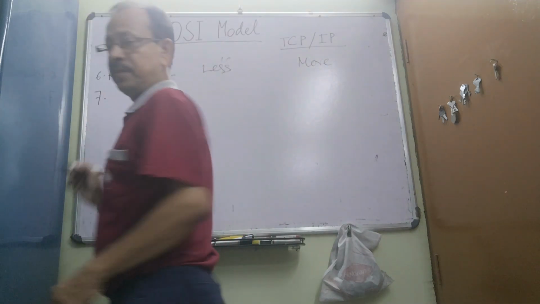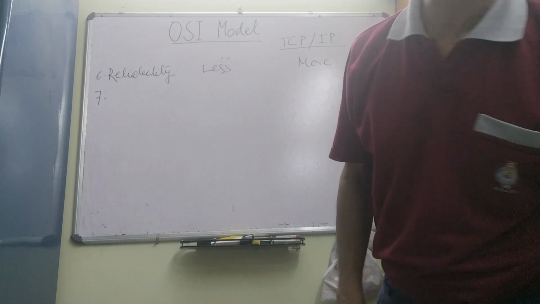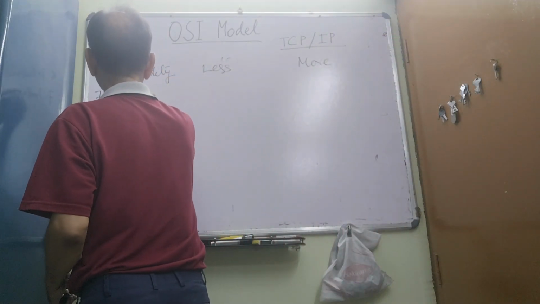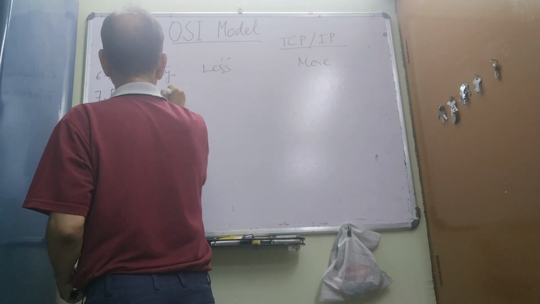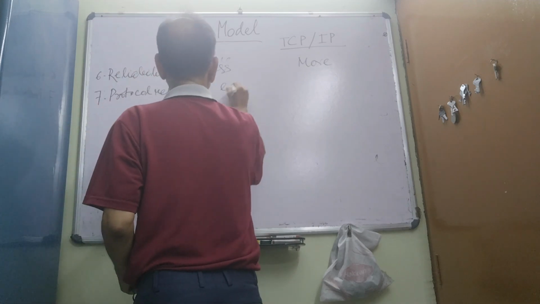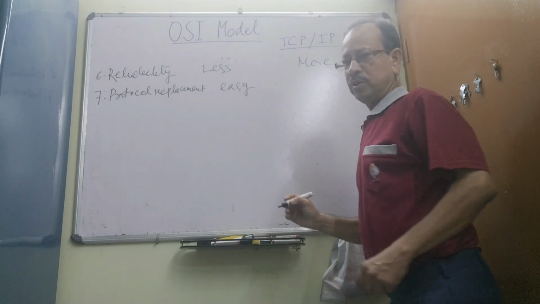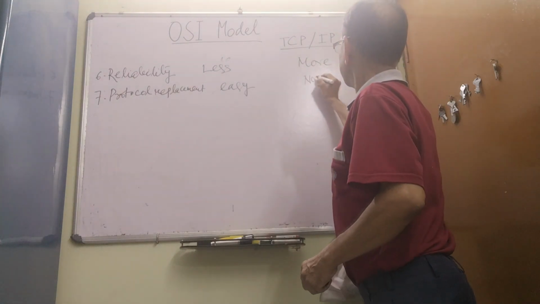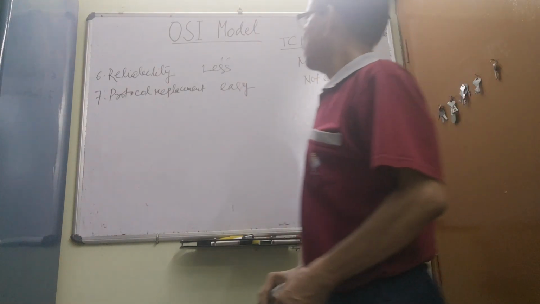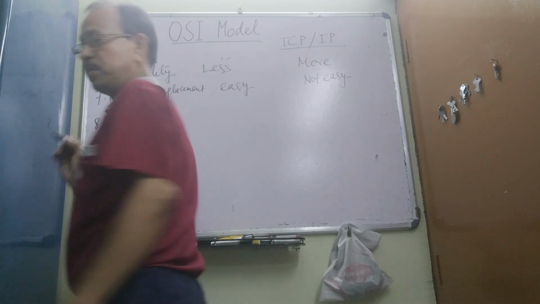Number 7 is protocol replacement: easy in OSI, not easy in TCP/IP. So you can easily replace the protocol in OSI, but in TCP/IP it is not possible.